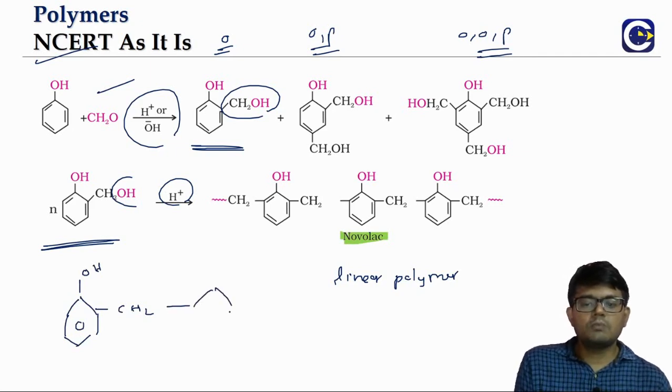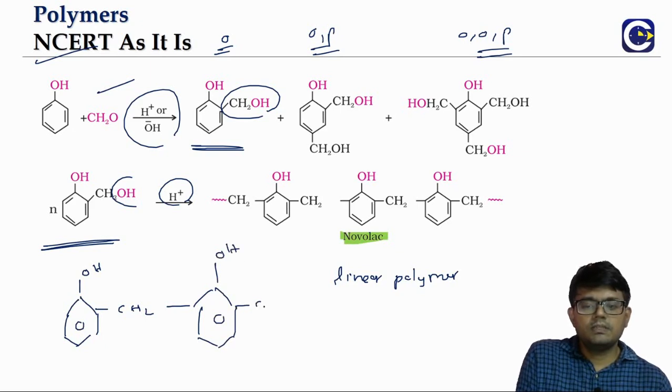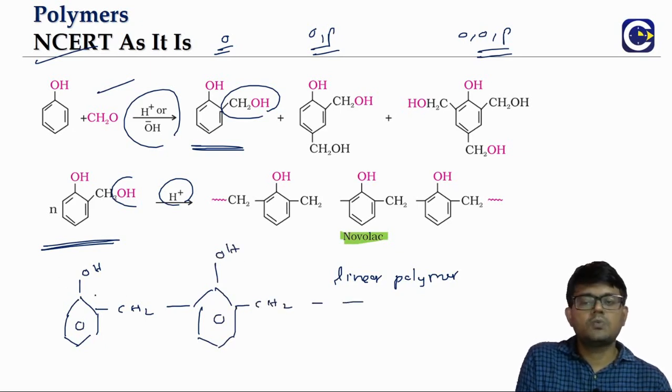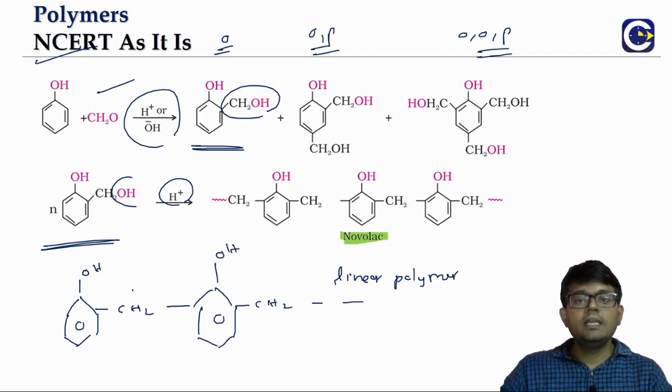This will be linked to one more unit, OH, this side CH2, and this goes on. This is what it is, a linear polymer structure.